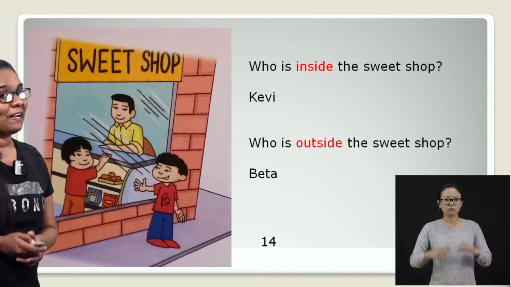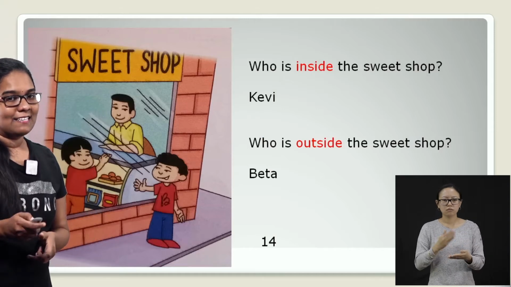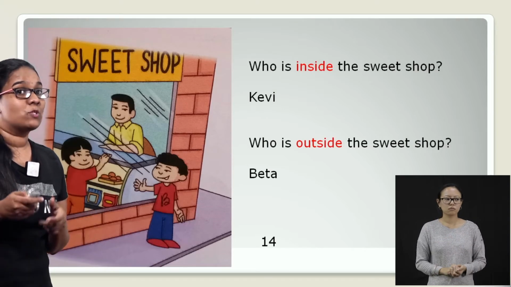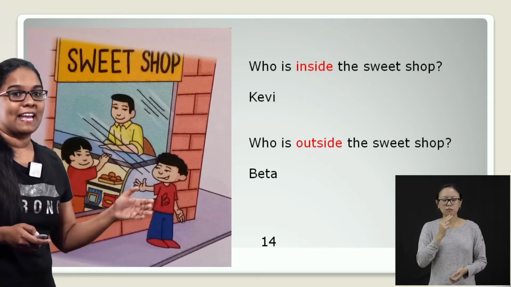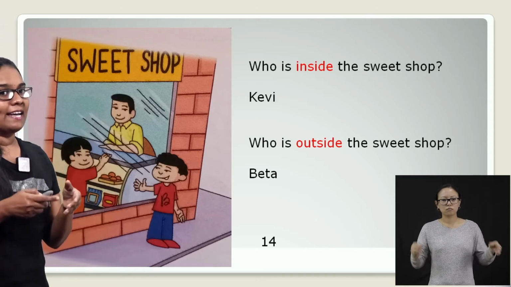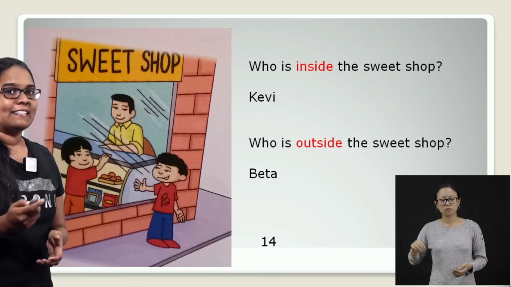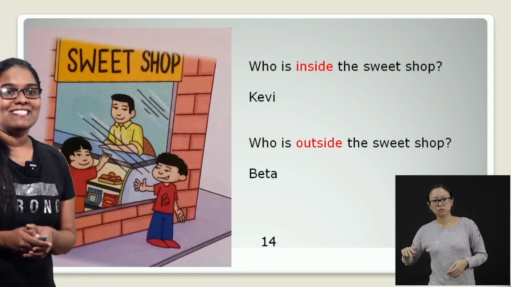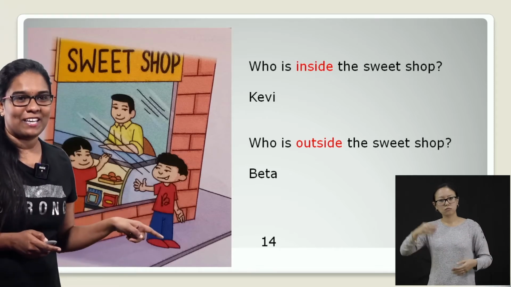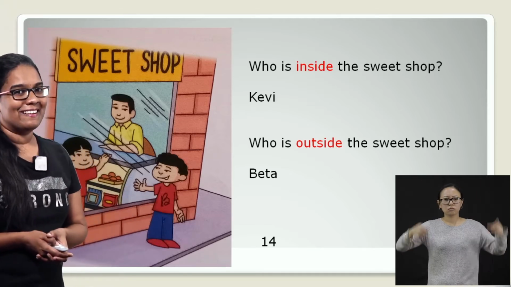You can see this picture also in your textbook, page number 14. In this picture, we can see a sweet shop. One boy is inside the sweet shop and another one is outside the sweet shop. Who is inside the sweet shop? Yes, Kevi is inside. Then who is outside the sweet shop?